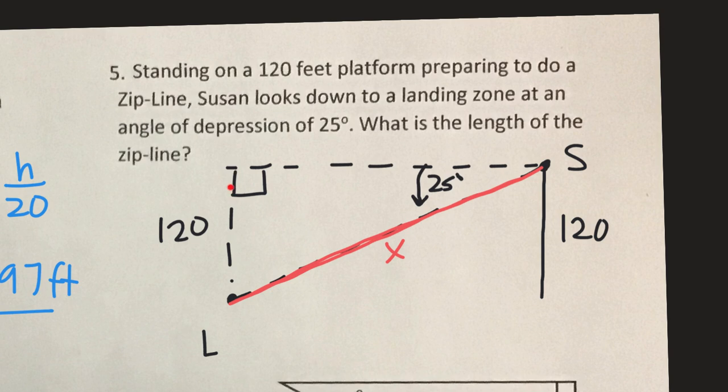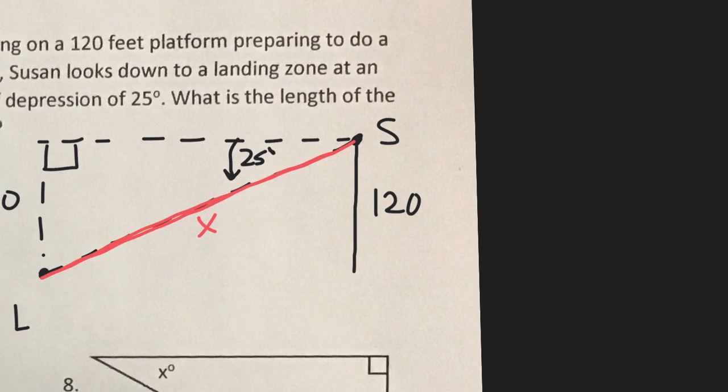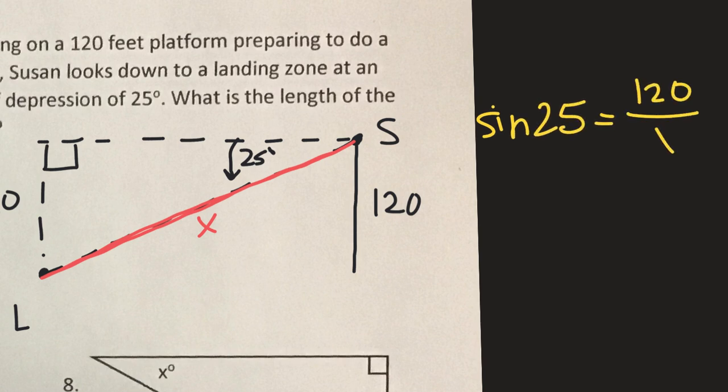So 120 is your opposite side to 25, and x is your hypotenuse. Opposite and hypotenuse, that sounds like a sine problem. So the sine of 25 equals 120 over x, the hypotenuse. Since x is in your denominator, we're going to end up dividing 120 by the sine of 25 in your calculator.